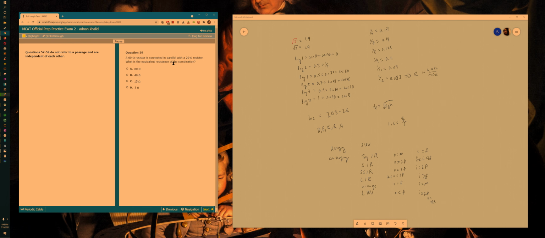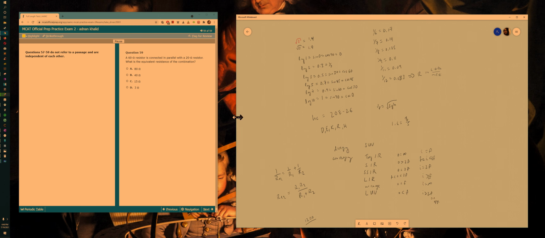Parallel with that. So, oh yeah, so I mean, I have this memorized, but for you guys, I'll write it down. So basically this equation, when you do like a reciprocal sum, can be simplified as the product over the sum. So 60 times 20 is going to give me 1200 over 60 plus 20, which is 80.